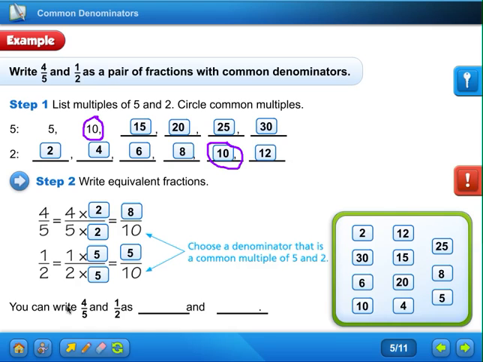So you can write 4/5 and 1/2 as your new fractions, 8 tenths and 5 tenths. Now they both have 10 as their common denominator right there. I should have used a different color to do that. They both have 10 as their common denominator. And that's what you were trying to do.